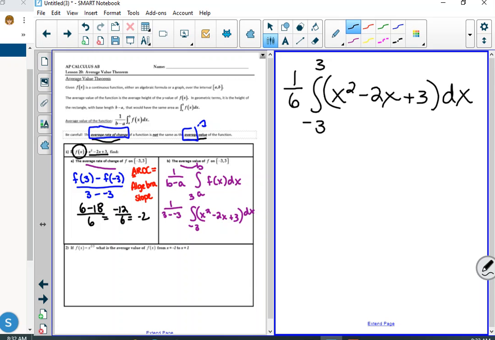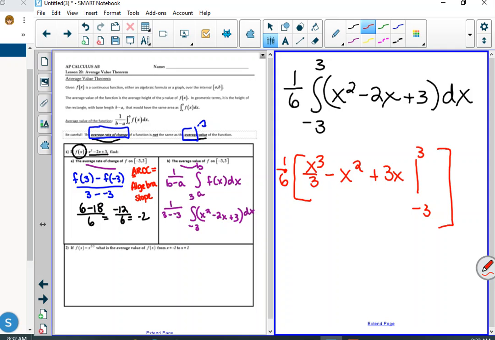Now, if we say work this out using fundamental theorem, that means you've got to show your antiderivative and show all your steps. If we say throw it in your calculator, you can throw this in your calculator. You should be able to write your antiderivative though. X cubed over 3 minus x squared plus 3x. That's going to get evaluated from -3 to 3, and then times 1/6 or divided by 6.